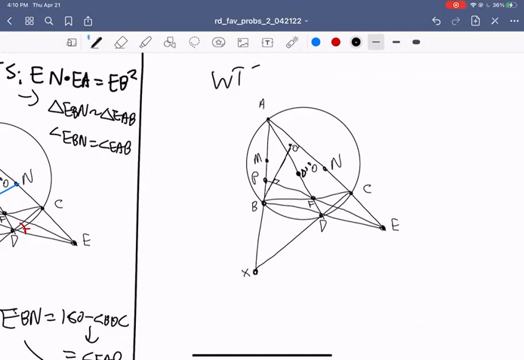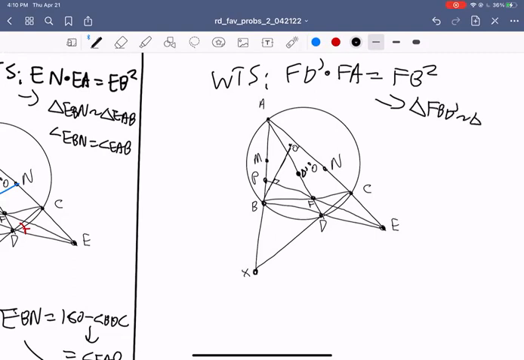Therefore, we want to show that FD prime times FA is equal to FB squared. And it suffices to show that triangle FBD prime is similar to triangle FAB. And again, it suffices to show that angle FBD prime is equal to angle FAB.